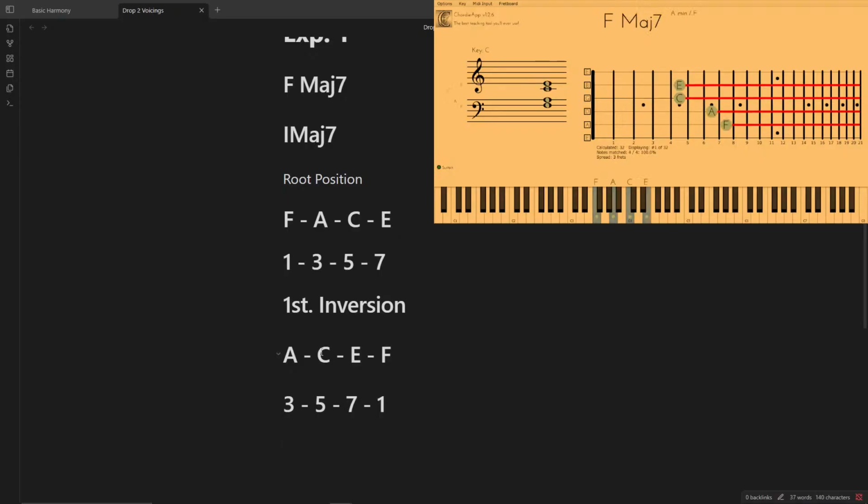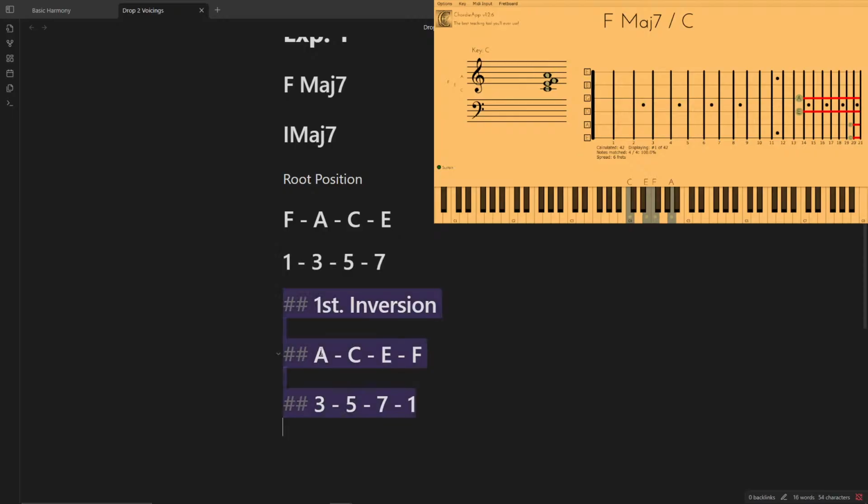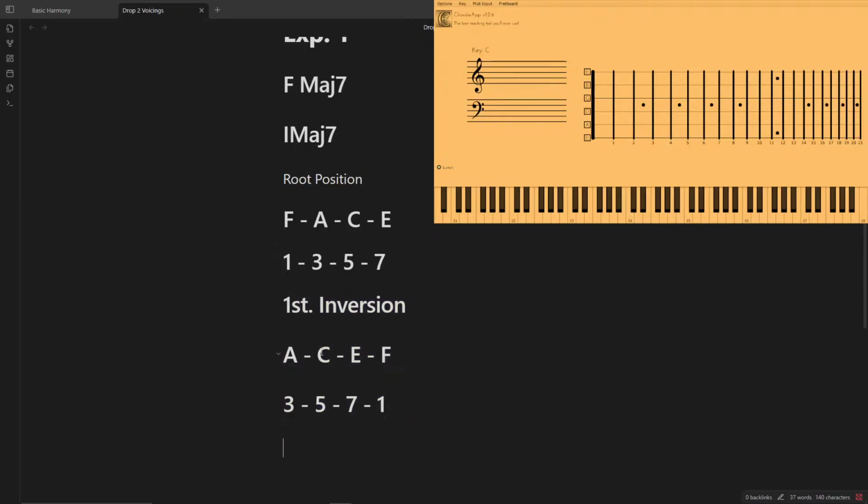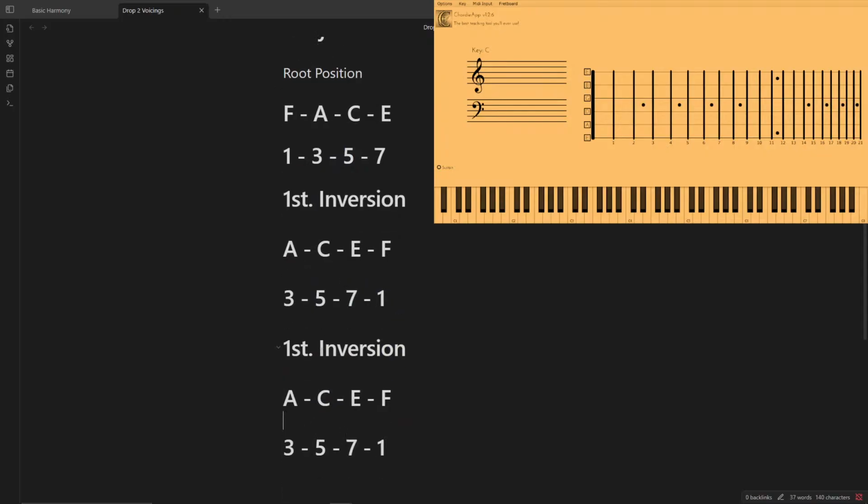Root position, first inversion, and what we're gonna do next, we will drop the A and play it 1 octave higher, and this should be our next inversion, right? Just to make things a little bit faster, I'm just gonna copy this over and just switch these numbers out because we don't need to waste time typing all this like cavemen.